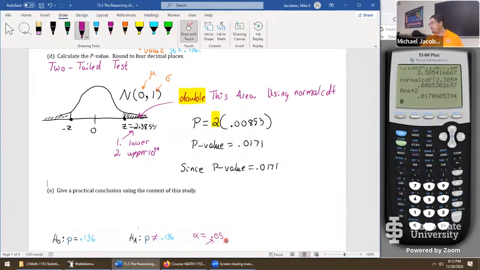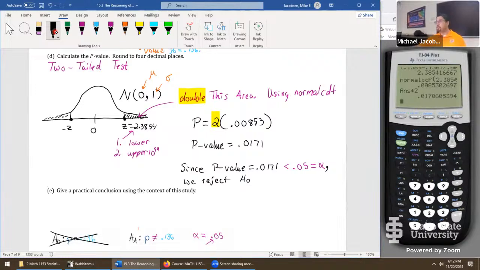It's smaller, so we have less than 0.05, which is equal to alpha. We reject H naught. So that's gone from our consideration. The best evidence we have about the population is that this is now true. P is not equal to 0.136.